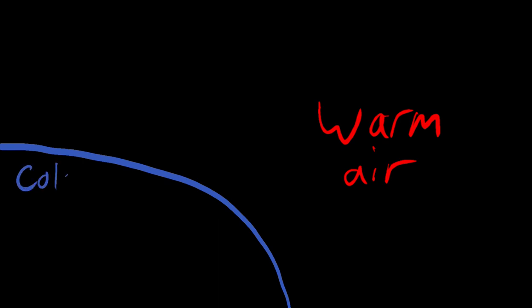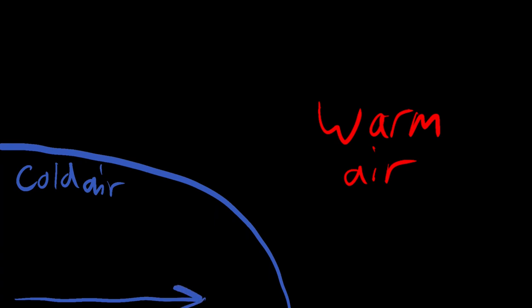And then we're going to say that some cold air is going to be moving in to replace that warm air. And that might be a bit steep. So I'm actually going to redraw that. Usually it's about like that. And this is going to be your cold air. And then right along that boundary is going to be your cold front.